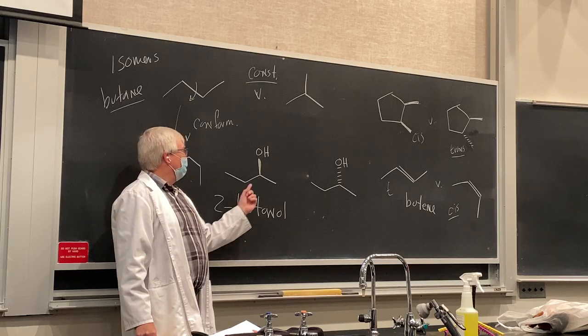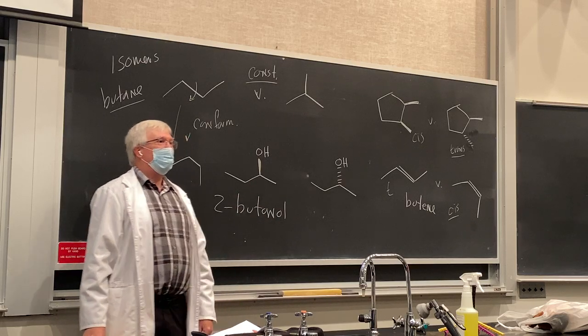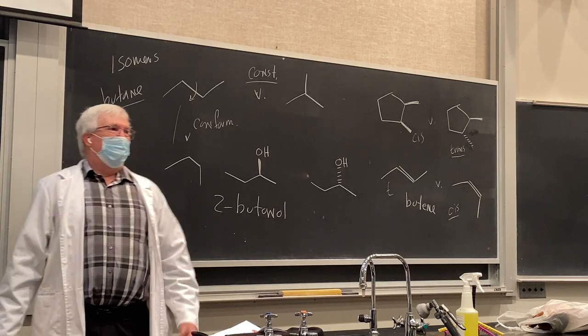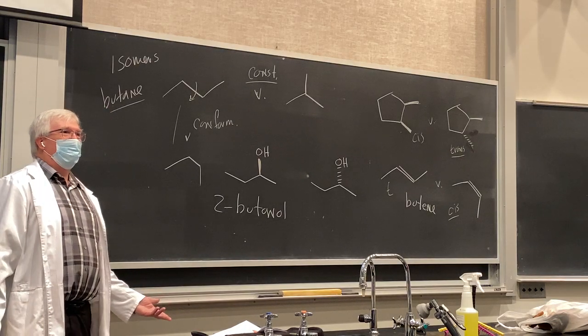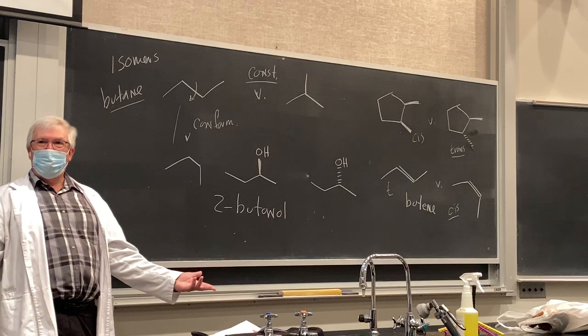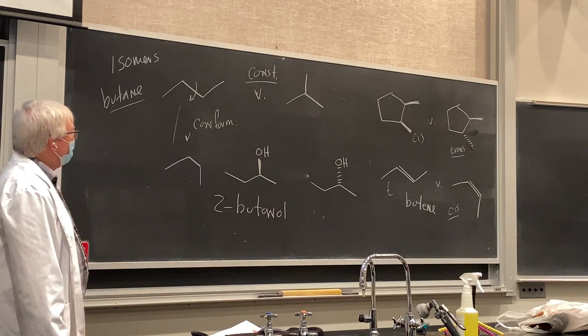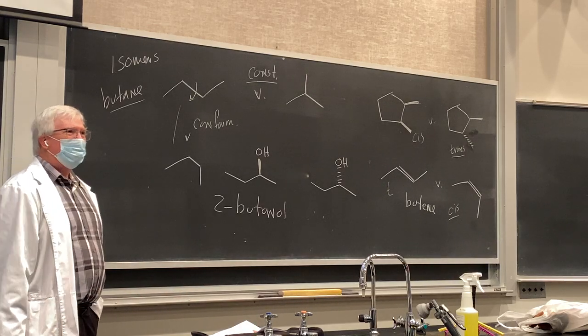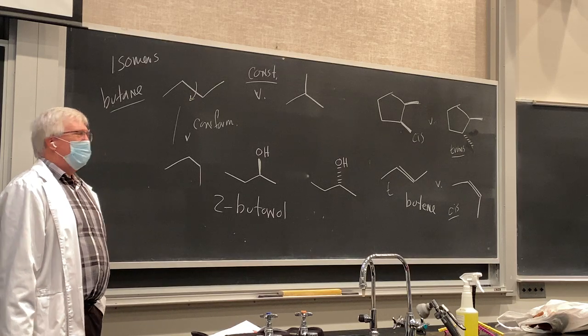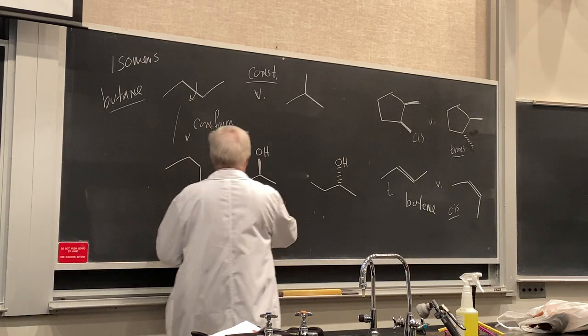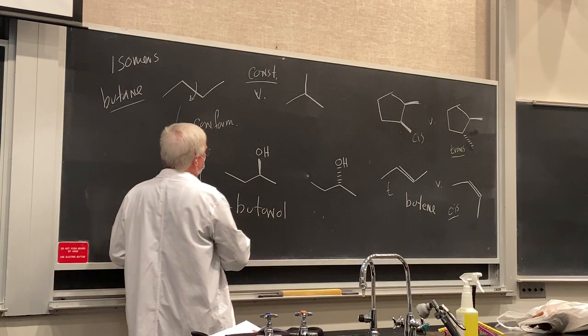But we're just pointing out these are both 2-butanol, but what's the difference between the two? They're not conformational isomers. They're not structural isomers. They're both 2-butanol. They're not stereoisomers. They're not cis-trans, are they? But this right here is indeed a stereocenter, okay?